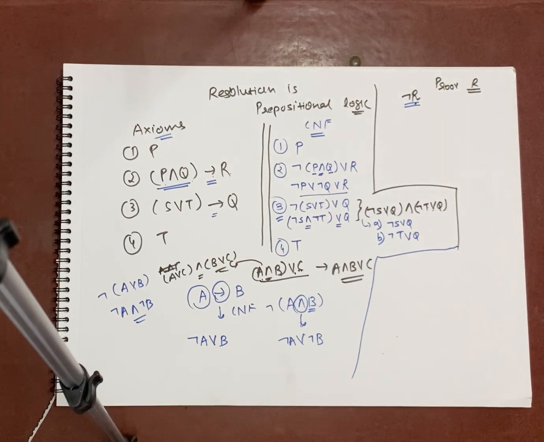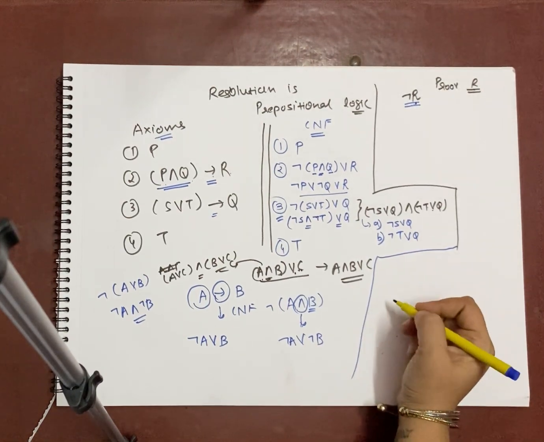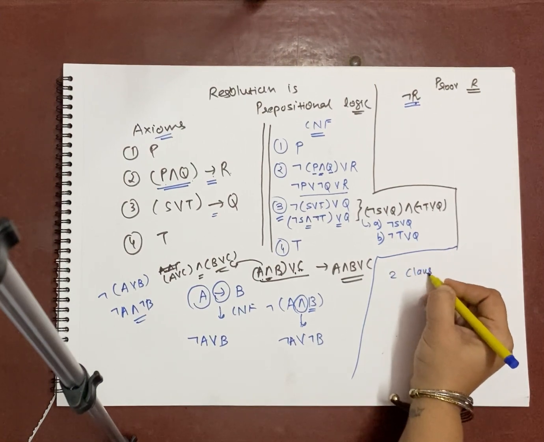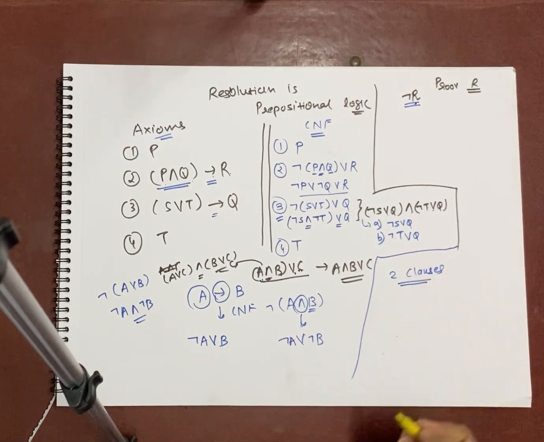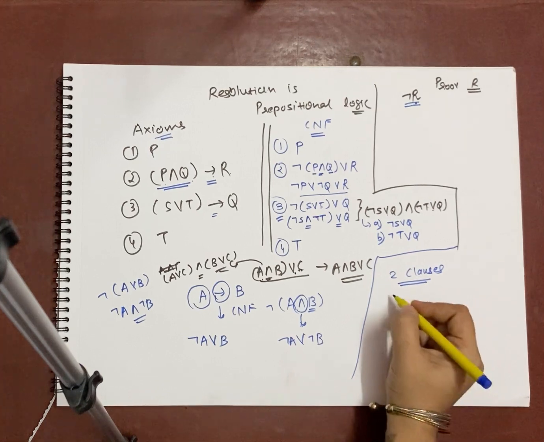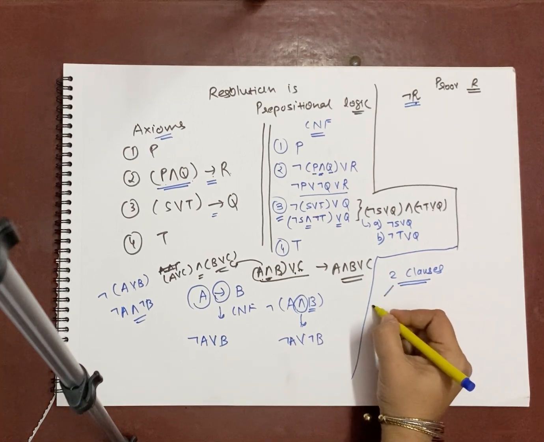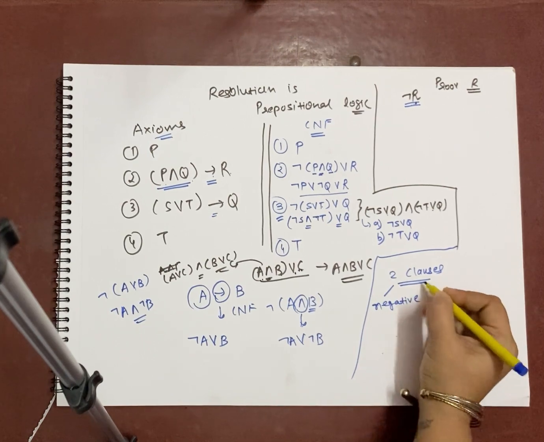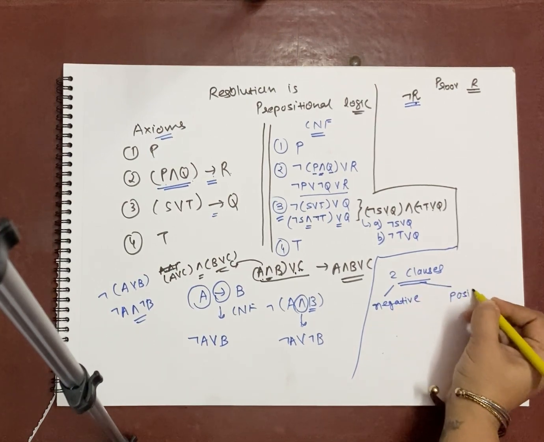Let me repeat what we are going to do in resolution. To apply resolution, you are searching for two clauses, such that one clause will be in negative sense and the other is in positive sense.